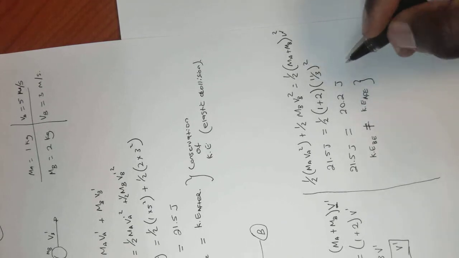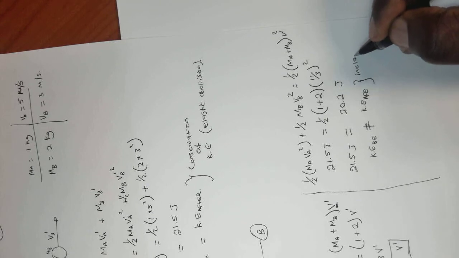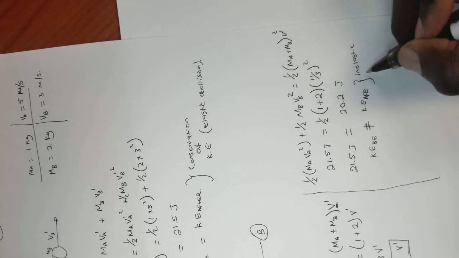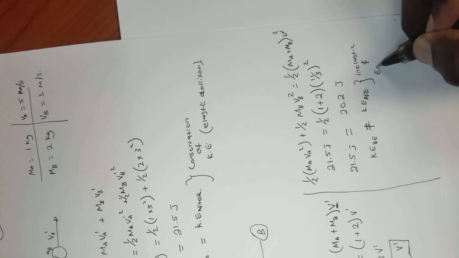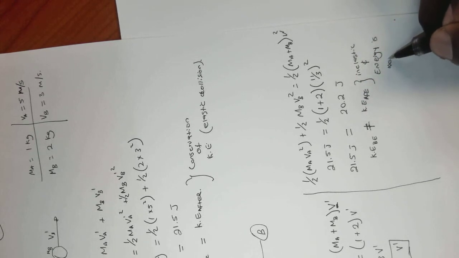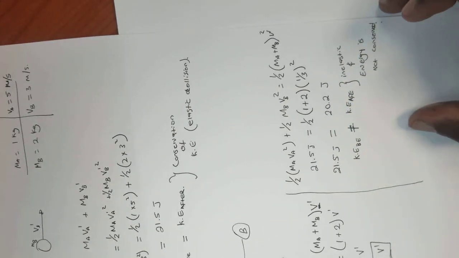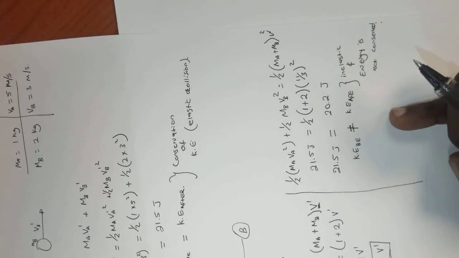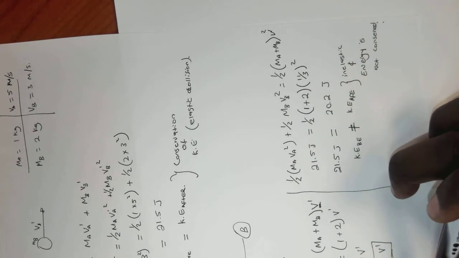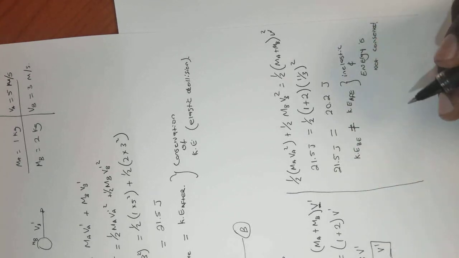So this is said to be inelastic, and the energy is not conserved. So by now you should be able to distinguish between an inelastic and an elastic collision, and what happens when the collision is elastic or inelastic.